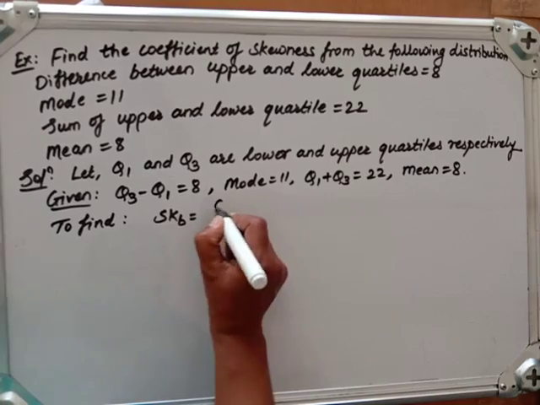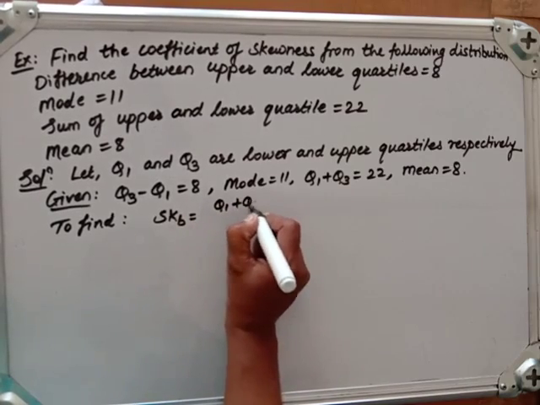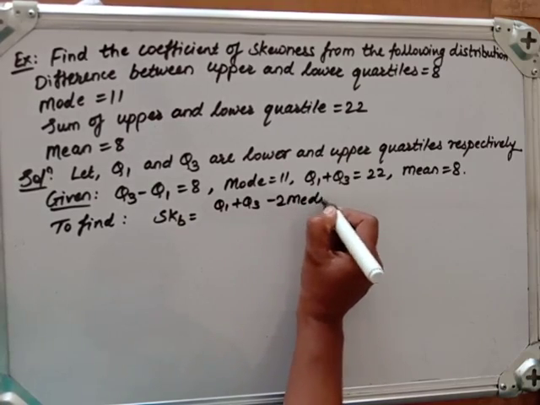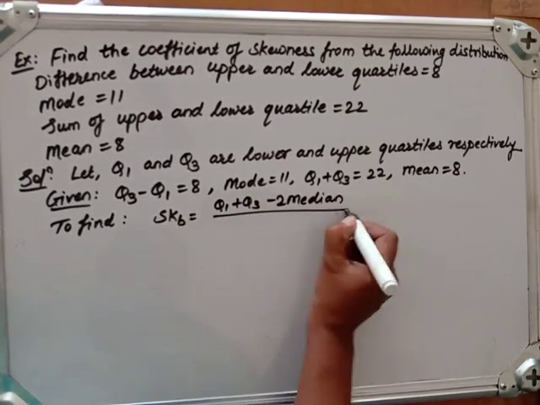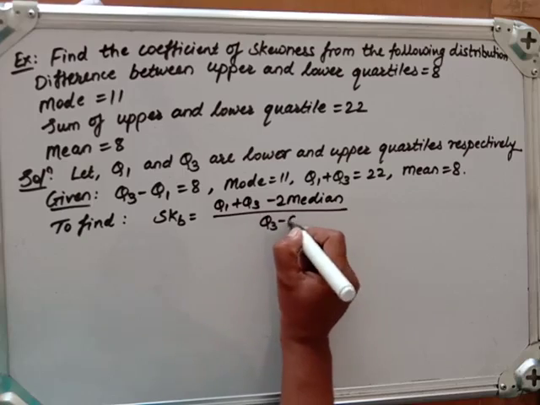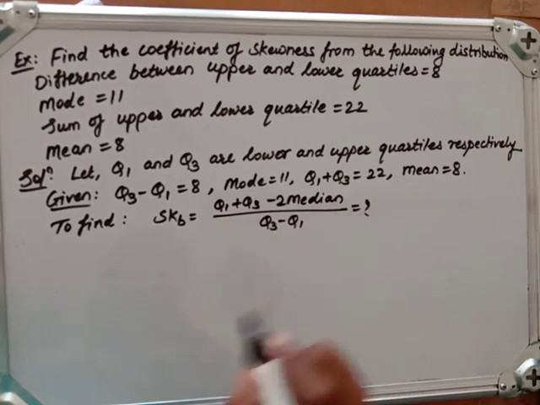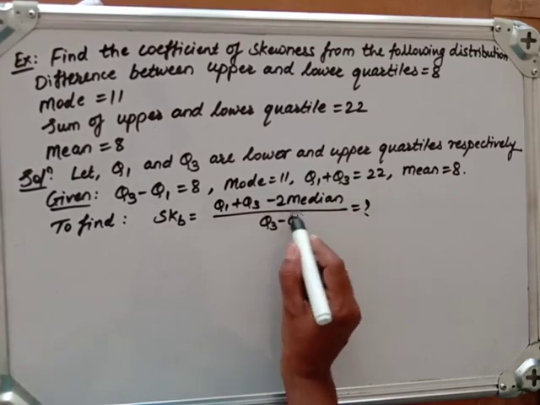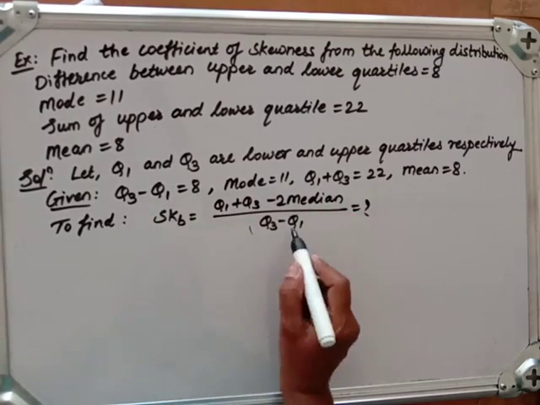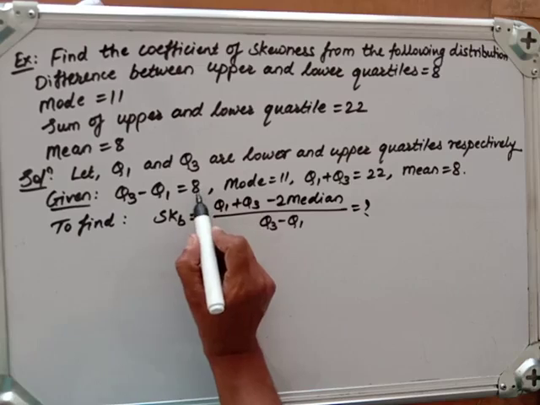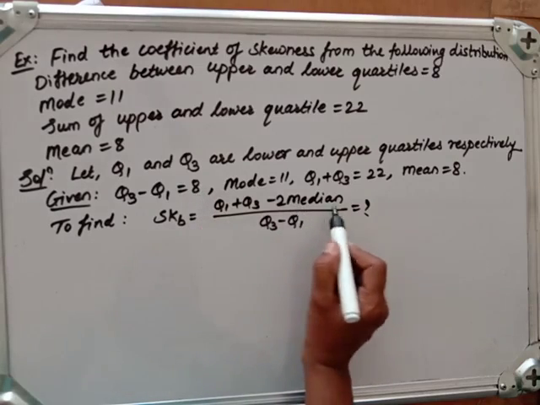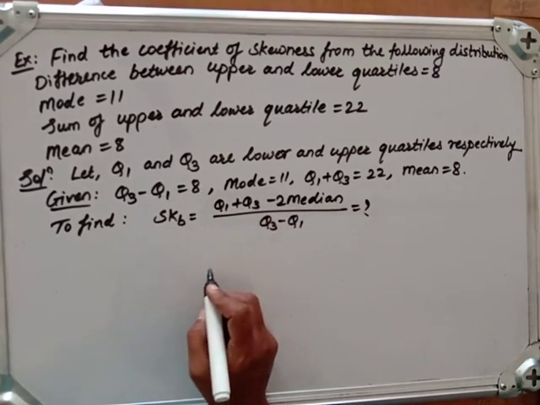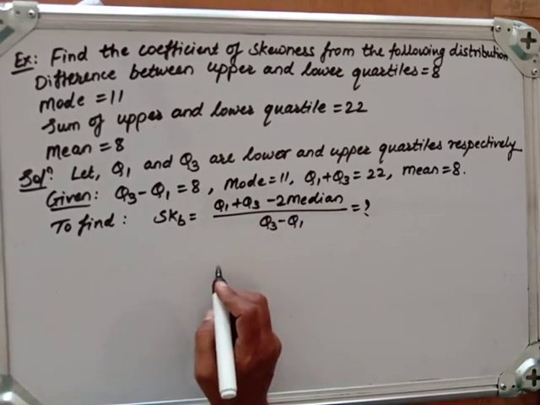The result for that is Q1 plus Q3 minus 2 times median upon Q3 minus Q1. We have Q3 plus Q1 and Q3 minus Q1 with us. One thing is left, that is the median. For that, mode and mean are given, so we can easily determine the median using the empirical relation.